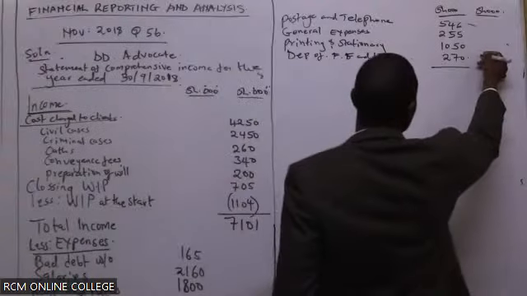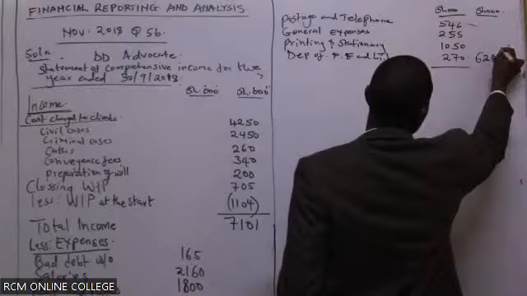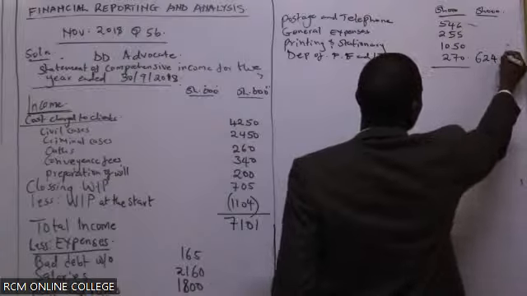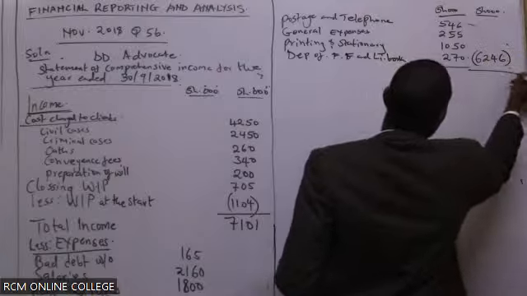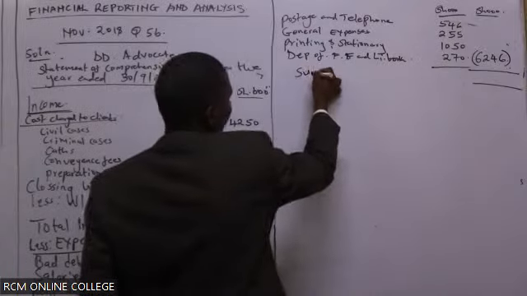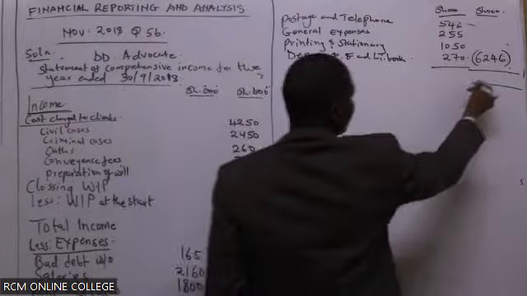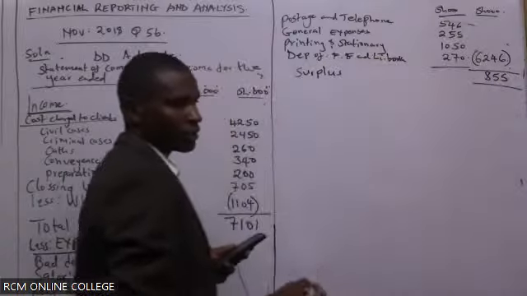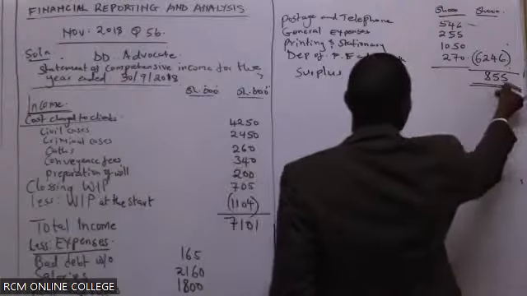I'm getting 6246. So we lessen this to get either surplus or deficit. Surplus or deficit of 855. Of course, it's a surplus. That's a surplus of 855, and you can mark for yourself.